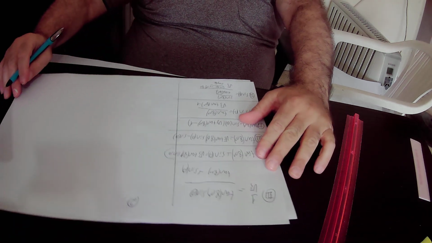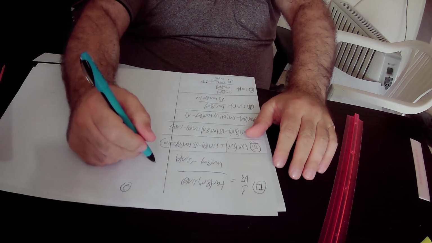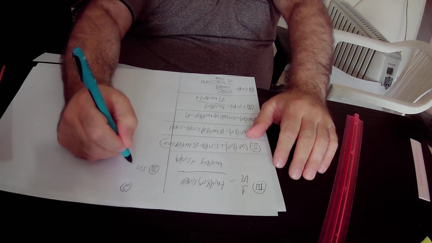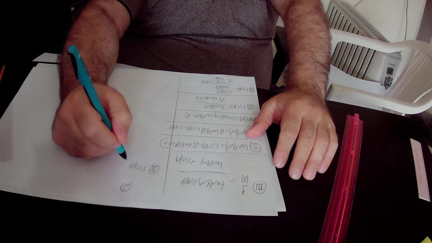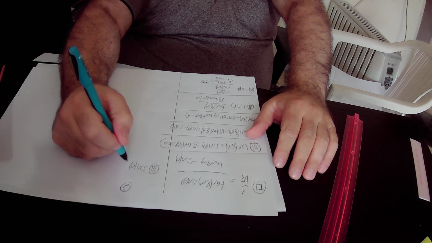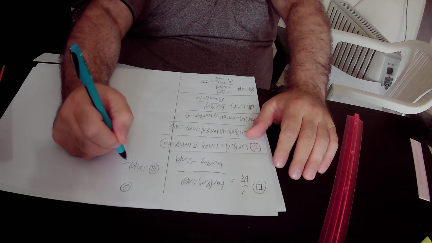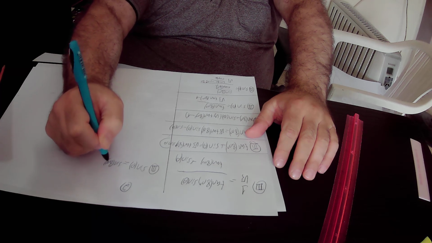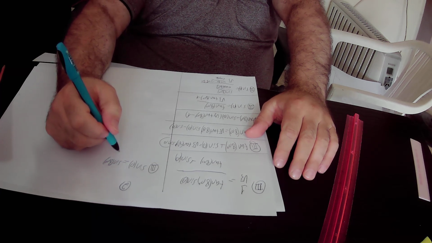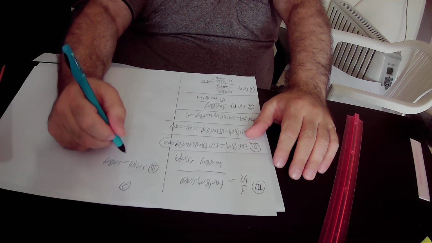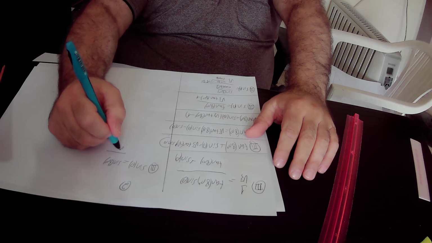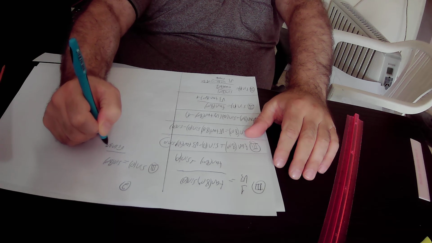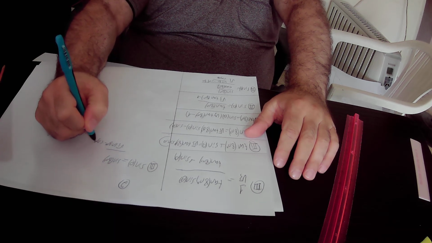What is left is that sine theta equals sine 80 degrees over square root of 3 times sine 80 degrees minus cosine 80 degrees.